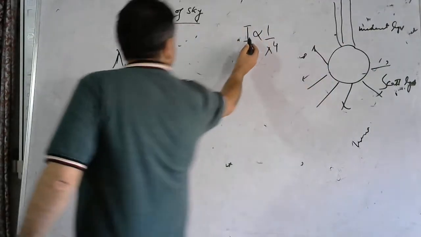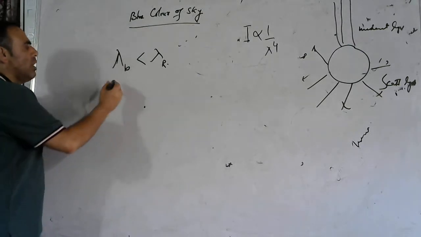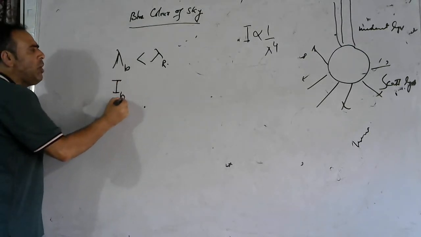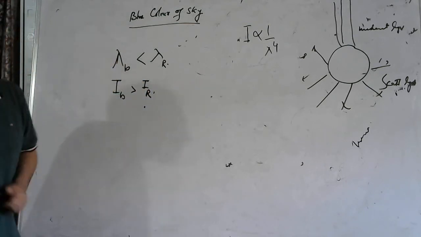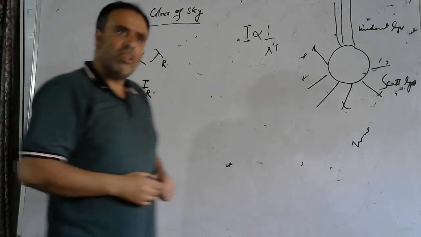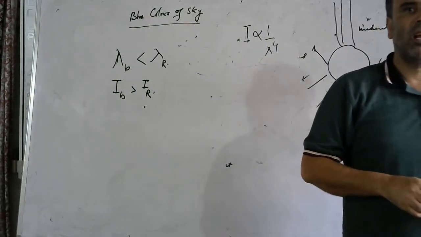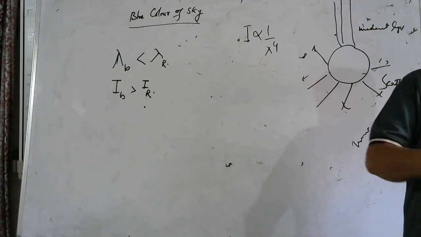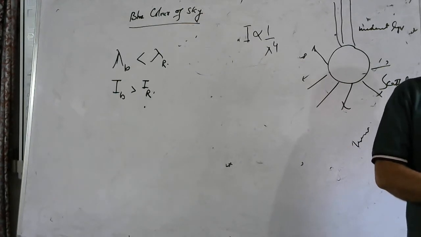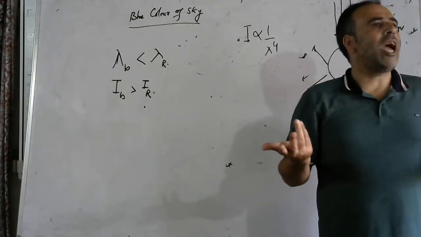Therefore, as per this law, the scattering intensity of blue color will be greater than that of red color. It means blue color gets more scattered than red color. Hence, the color of the sky appears blue.